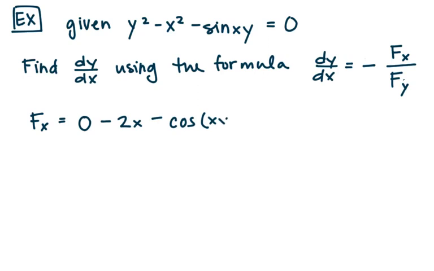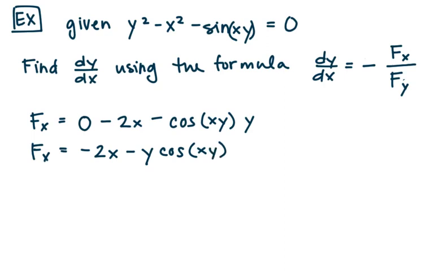I've got cosine of xy times the derivative of the inside, which is xy, y being that coefficient, so we have y. So the partial of the function with respect to x is negative 2x minus y times the cosine of xy. That's what I'm going to put in my numerator.